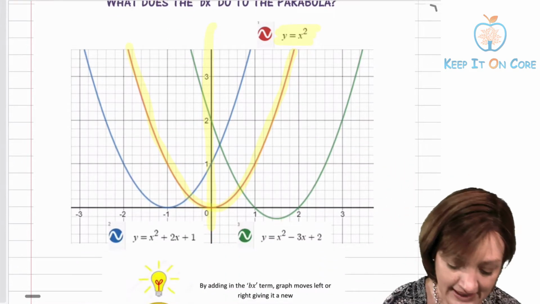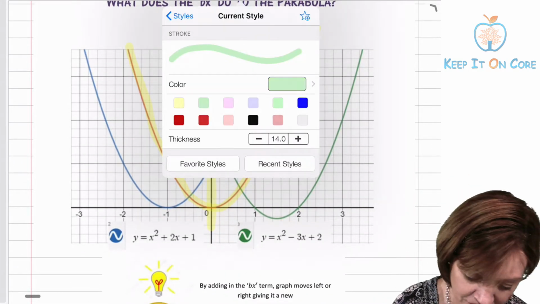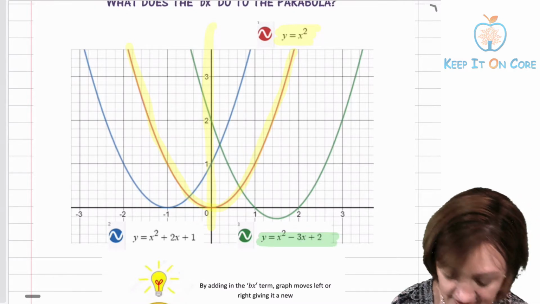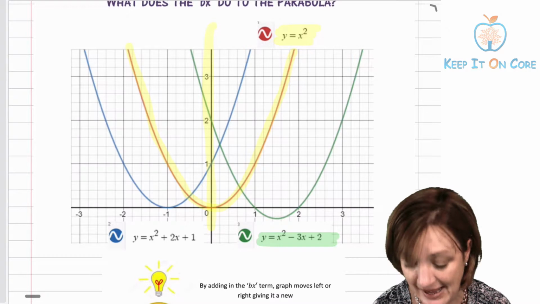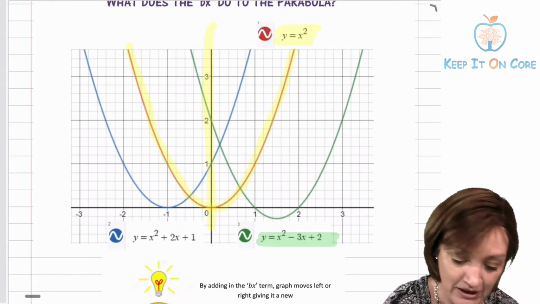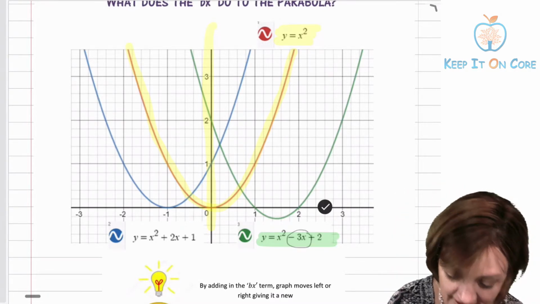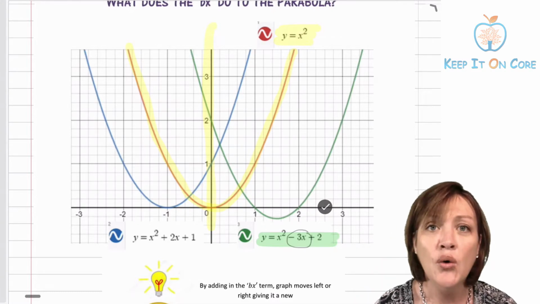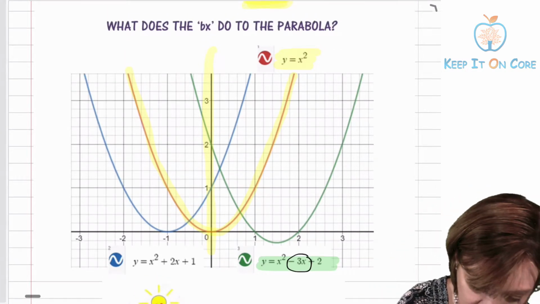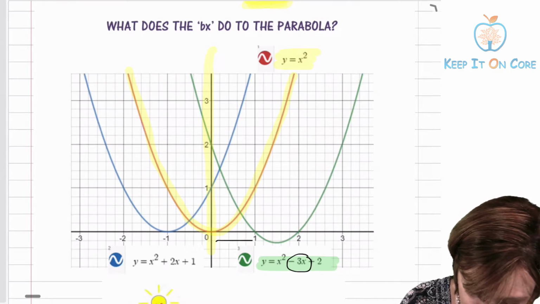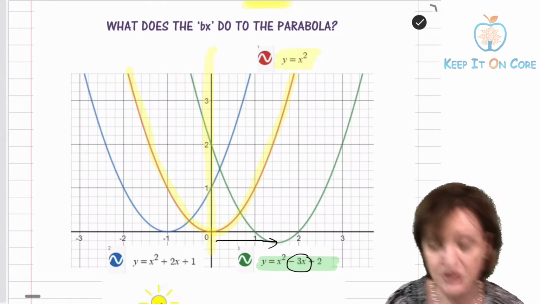Now, let's take this equation over here. I am going to take the equation y is equal to x squared minus 3x plus 2. You can see we're adding a negative 3x into the equation. What happened to the graph? Look at what happened. Where it was originally this yellow graph, it's now shifted to the right.